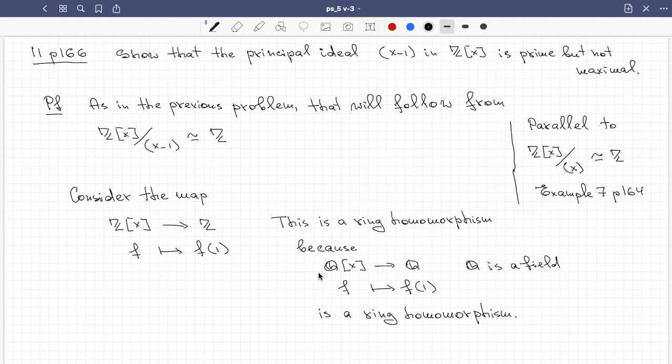Here we may pass to an easier situation where we did everything for the field. And this homomorphism is surjective. I will write here, the map is surjective.